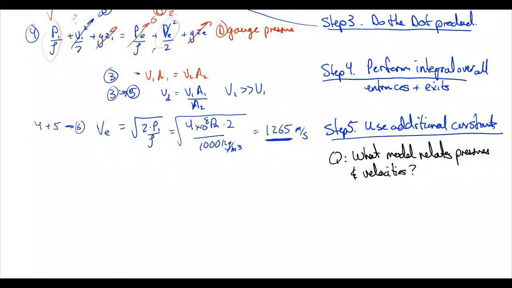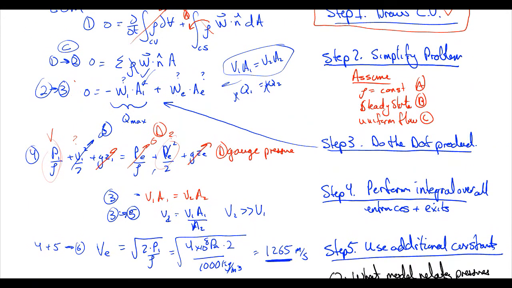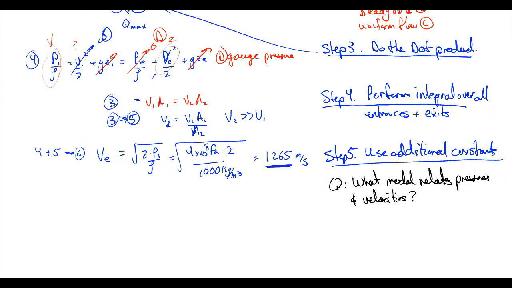And to do that, we then take 6 plus 3, and we know that V1A1 is equal to, we'll just say equal to Q max, which is equal to A2 times V, or A exit times V exit, but we know V exit.